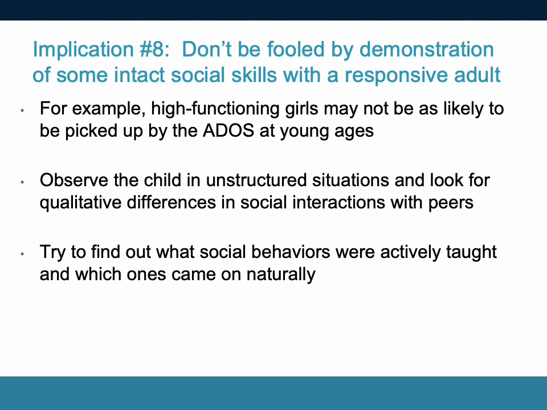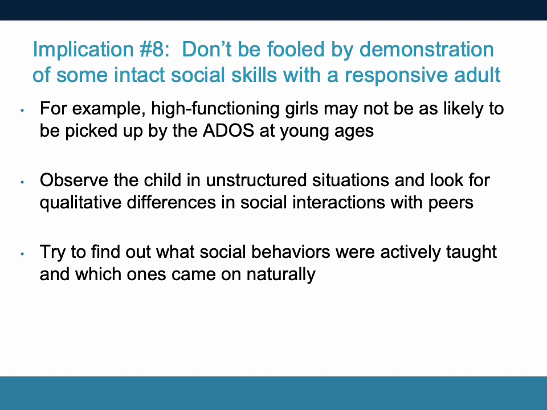The next implication is to try not to be fooled by some intact social skills with a responsive adult. Now, many of us were delighted when we see this good social raw material. We want to see that, and our bias in wanting to see that could cloud our judgment.